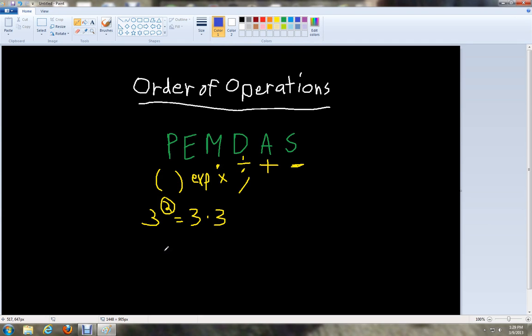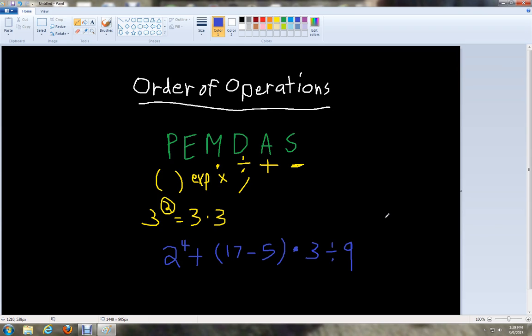So if we have 2 to the 4th power, and then plus, parentheses 17 minus 5, and then times 3 divided by 9.